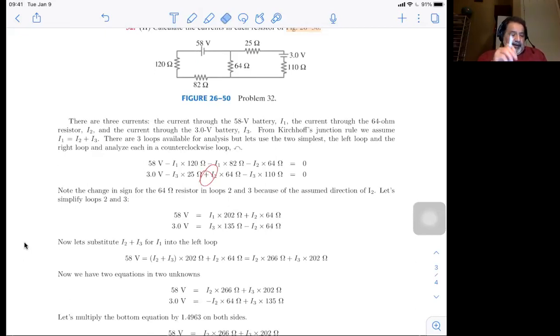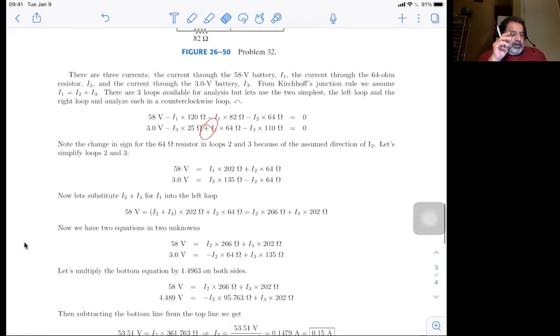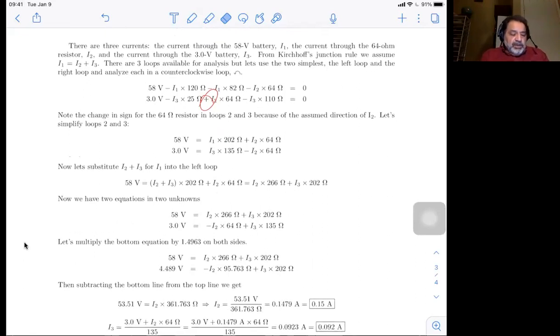Okay. Now let's substitute I2 plus I3 for I1 into the left loop. So 58 volts equals I2 plus I3 times 202 ohms plus I2 times 64 ohms. Now if we use the distributive property, it becomes I2 times 266 ohms plus I3 times 202 ohms.